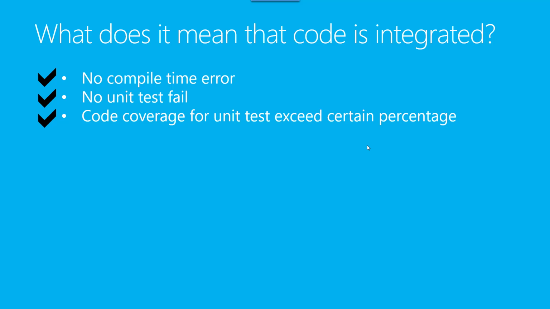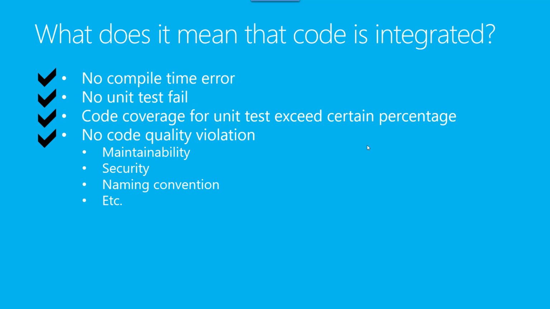For example, we identify that code coverage should be not less than 60%. Also, we can have no violation for code quality, like maintainability, security, naming convention, portability, and many others. All of that identifies the integration of the code, and it varies from company to company based on how you would like to keep your source code integrated.